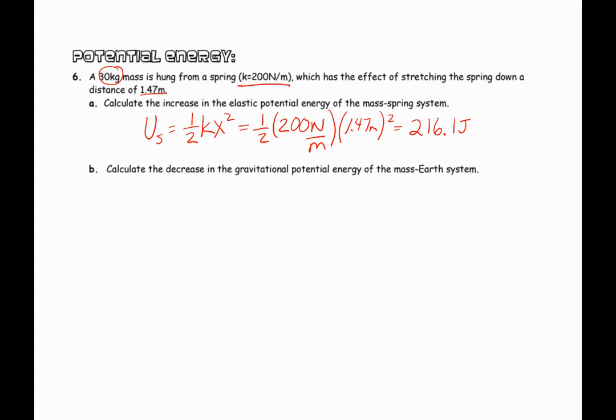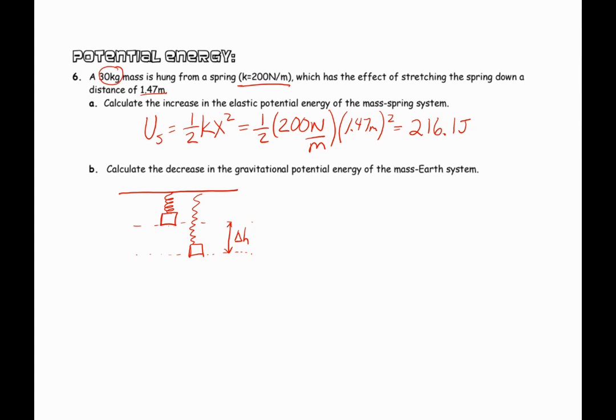Now it says calculate the decrease in gravitational potential energy of the mass. So if we look at that, this is our mass and it's being hung by a spring. So this is our initial position. And now all of a sudden, our spring stretches and we've now gone to this height. And so this is our change in height.